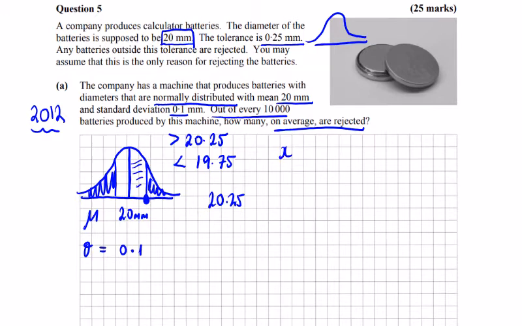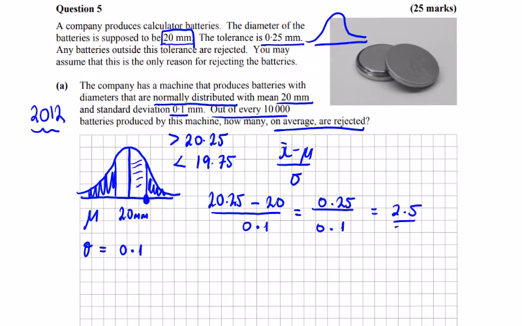Your test statistic is x minus mu, what we're testing against the average, divided by the standard deviation. So the average is 20 and the standard deviation is 0.1. So we get 0.25 over 0.1, which is 25 over 10, which is 2.5.